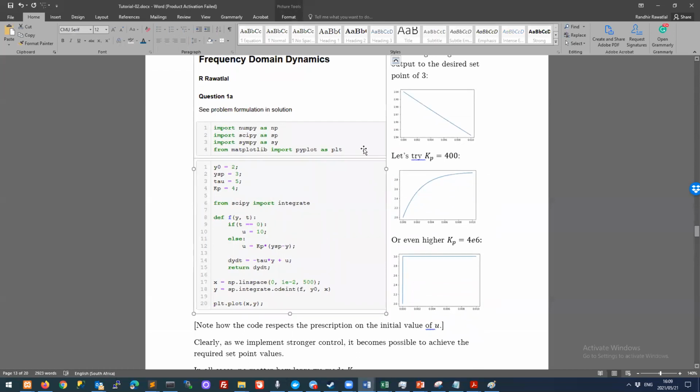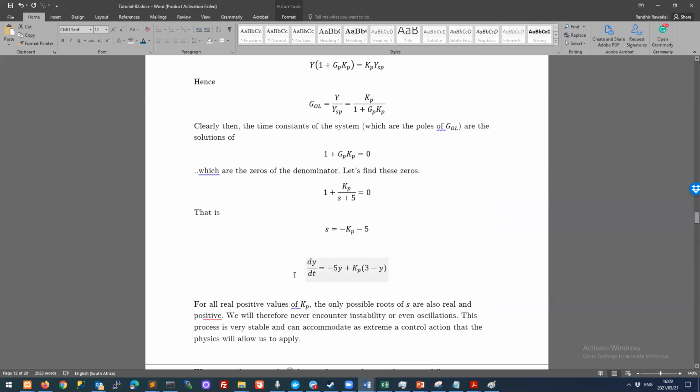I don't think I have this notebook anymore, but you can go ahead and simulate this equation and apply a value of Kp, try values 1, 2, 3, and so on. Maybe start with the value of 0. If you apply 0 here, you'll see that if you start out at 2 it just goes down, it doesn't reach the 3.